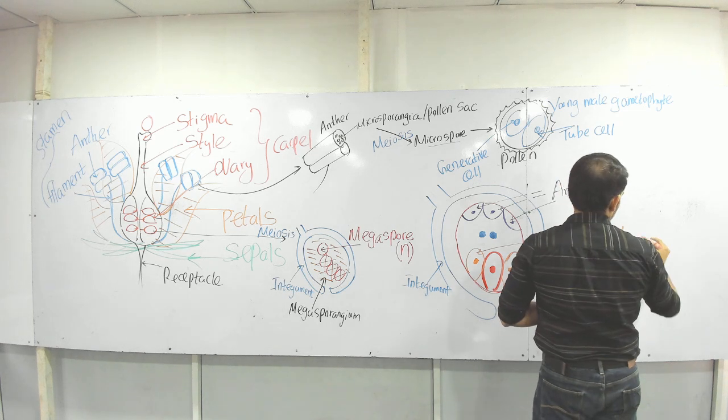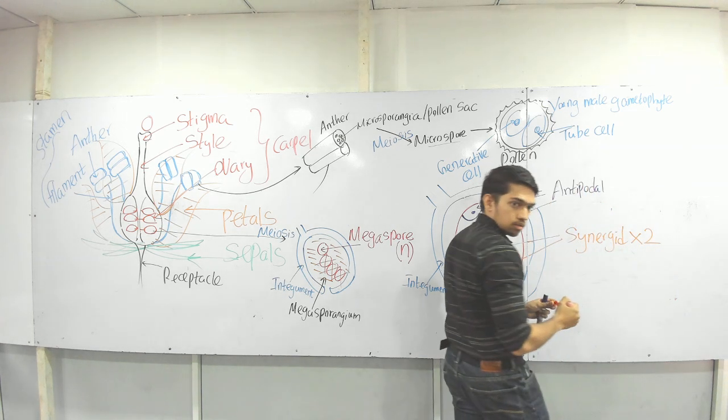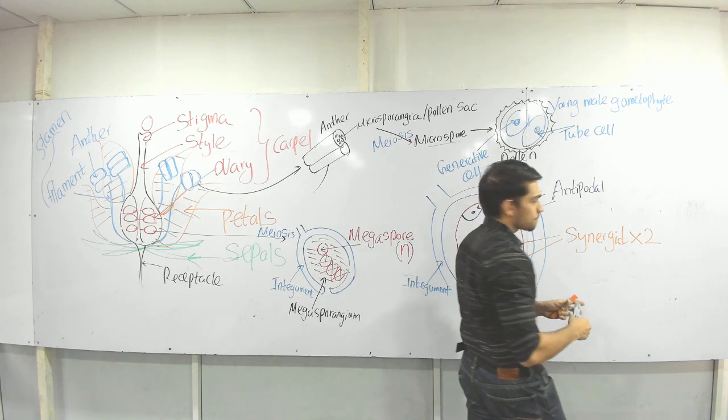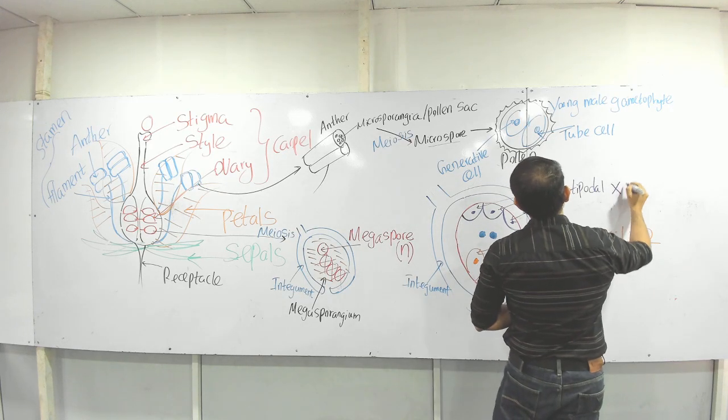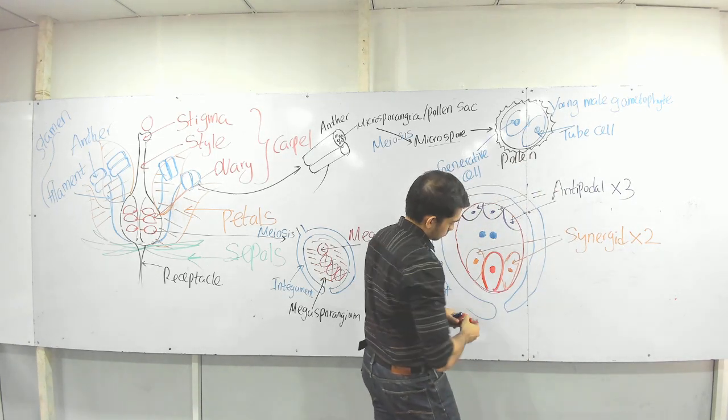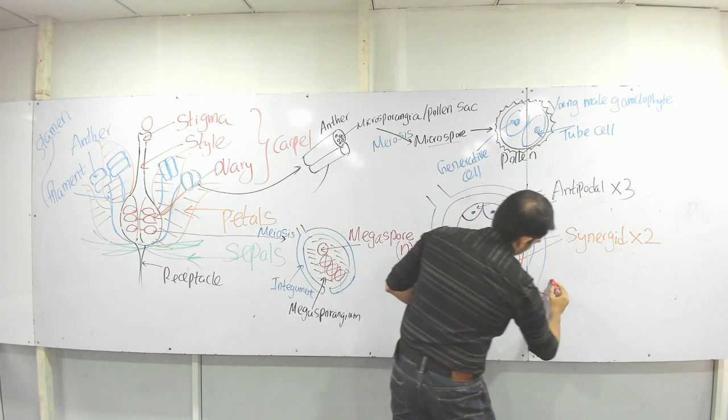How many synergid cells are there? 2. Any question? How many antipodal cells? 3. How many egg cells? Only one egg.